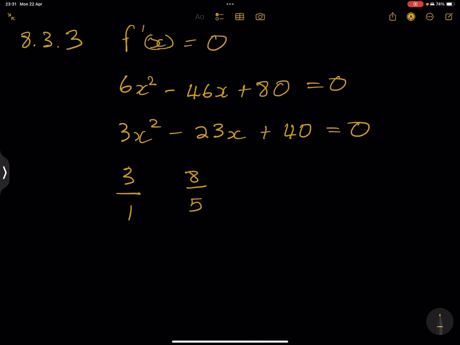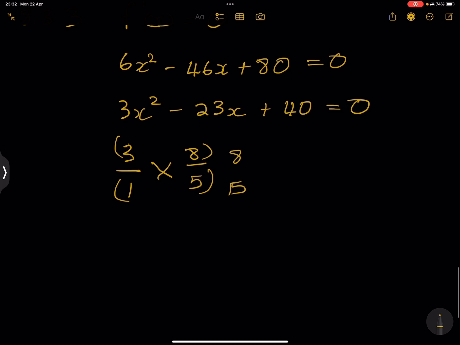So if we took 8 times 5, all right, so 8 times 5, that's 40. So 3 times 5 is 15. Okay, 15 plus 8. Oh, I keep getting luckier and luckier, right? So in this case, this would be 3x minus 8.